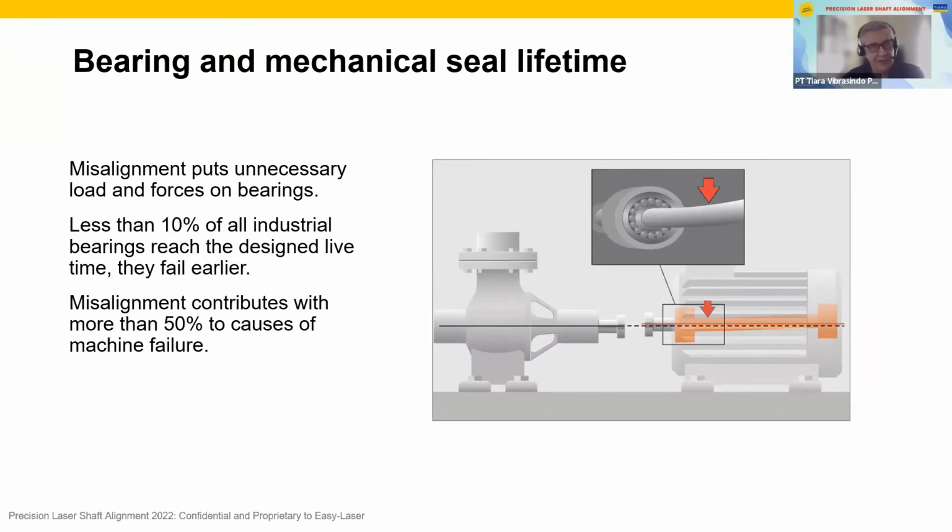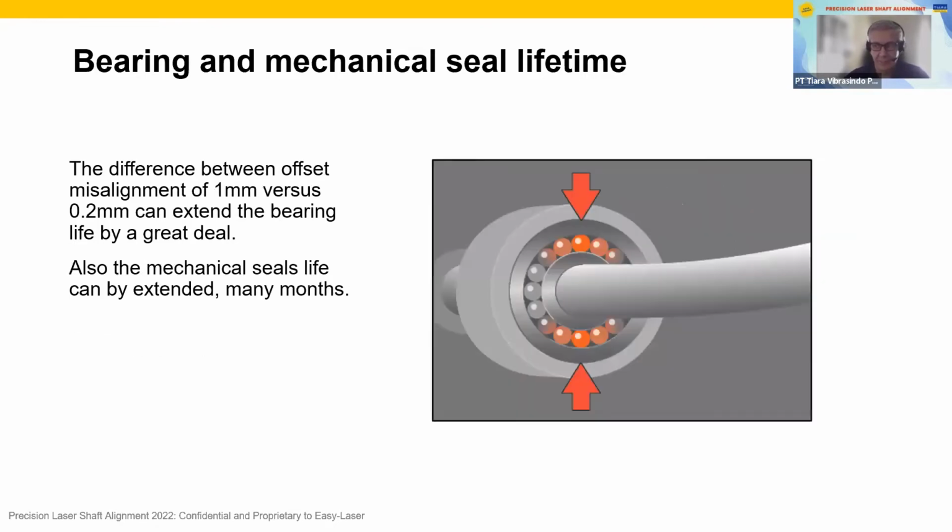Removing the root cause, misalignment, and having a precisely aligned condition also, as a consequence, extends the life of bearings and seals, and therefore reduces costs over time. Here we see, a bit animated through a graphic, the difference between an offset misalignment of 1 millimeter versus 0.2 millimeter, vertical versus horizontal.